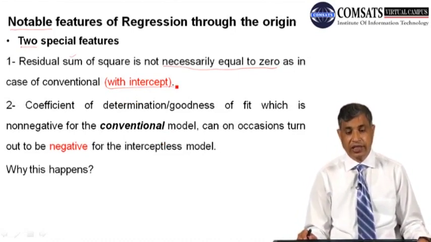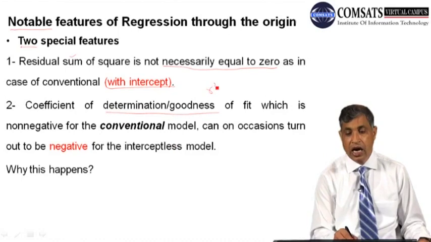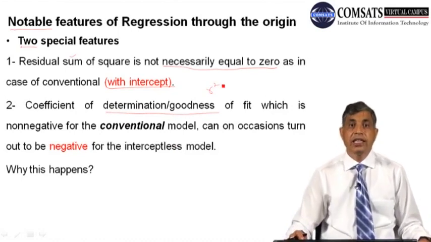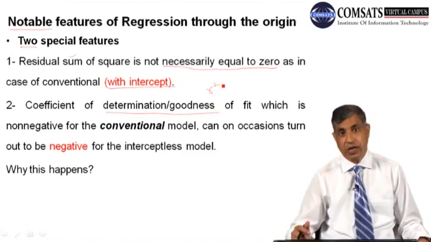The second situation is the coefficient of determination, R square, which explains how much proportion has been explained by the model.